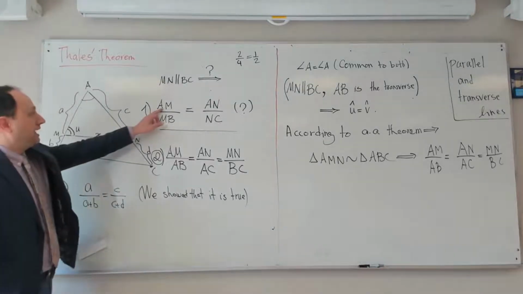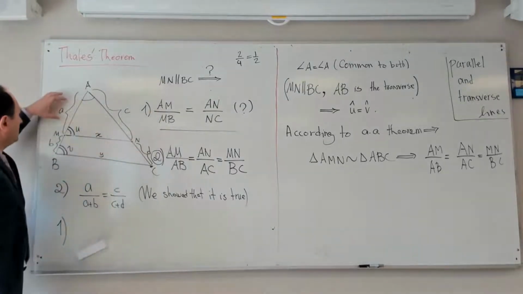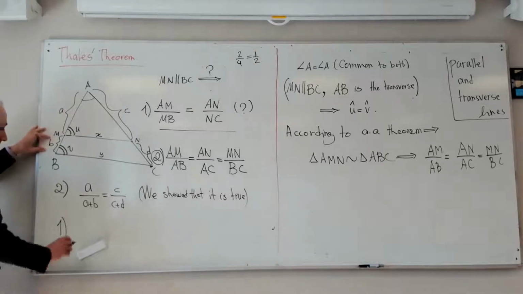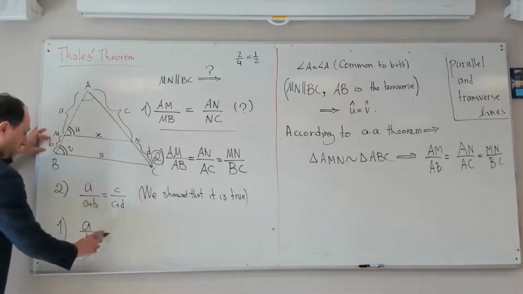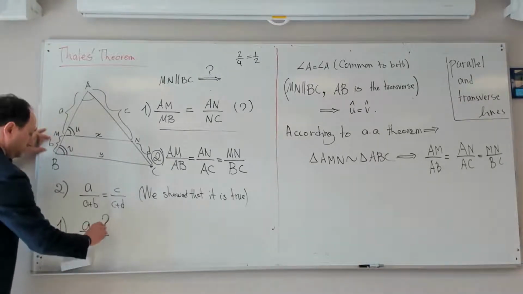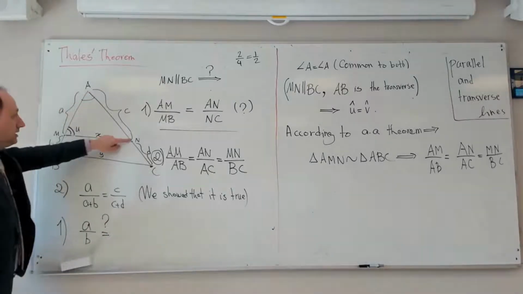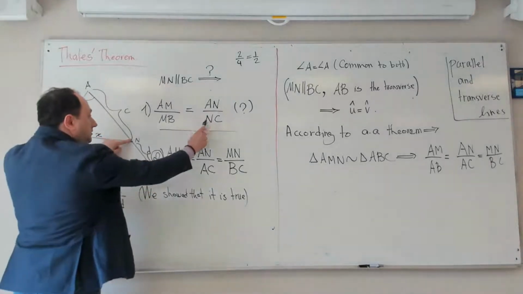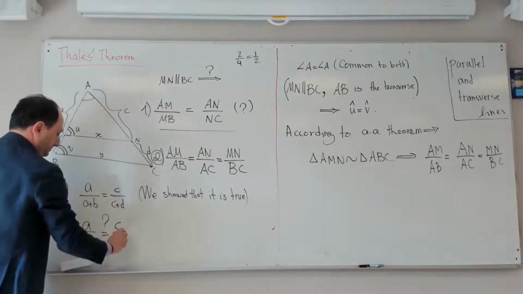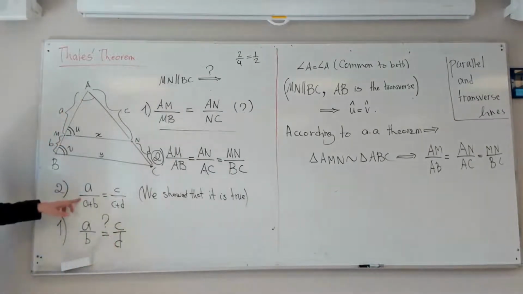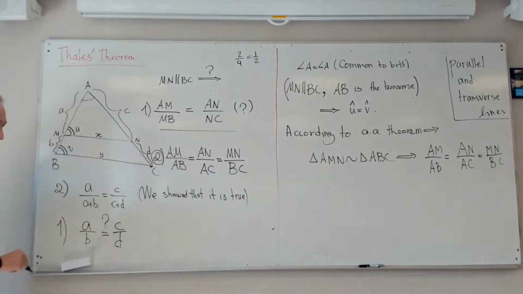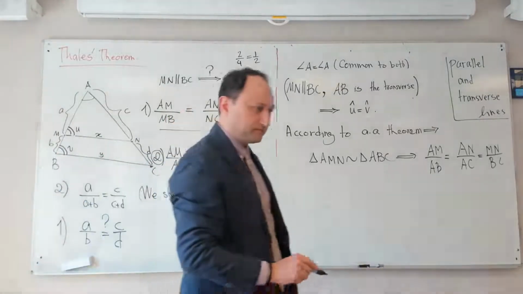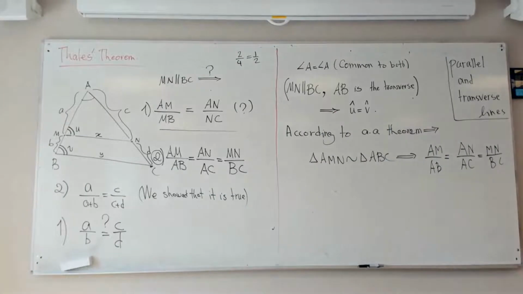I want to show that AM divided by MB, A divided by B, is equal to AN divided by NC, C divided by D. This I know based on similarity. This I still don't know.